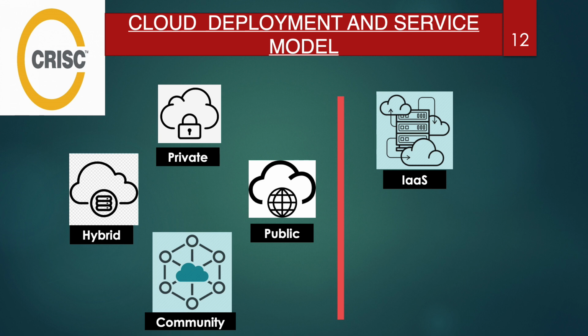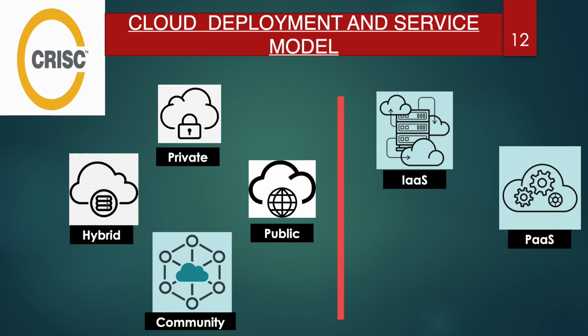Infrastructure as a service gives a third party control over certain IT processes, right? Something required to be considered is options to lessen the effect in the event that the cloud provider has service outages, right? Next service, platform as a service, right? Platform as a service refers to the ability to use programming languages and tools offered by the provider to deploy customer-created or bought apps into the cloud infrastructure, right?